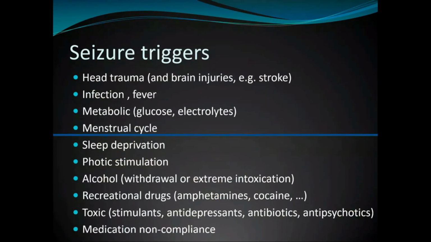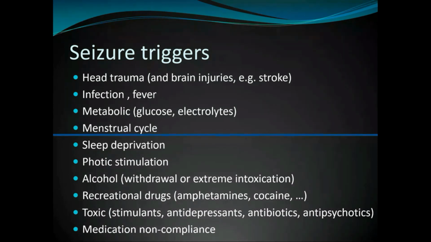So the last slide today is about what can provoke a seizure, okay? Some things you don't necessarily have control over, right? If you sustain a head injury, that can provoke a seizure, or if you suffer a bleed in the brain or a stroke or things like that, that can certainly cause a seizure. If you're fighting an infection, if you have a fever, that could be a provoking cause.